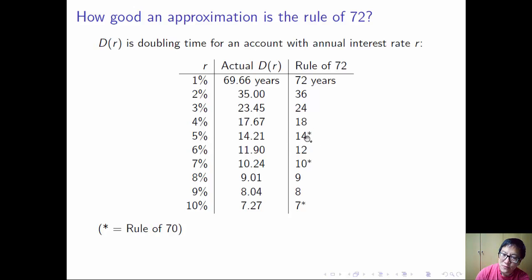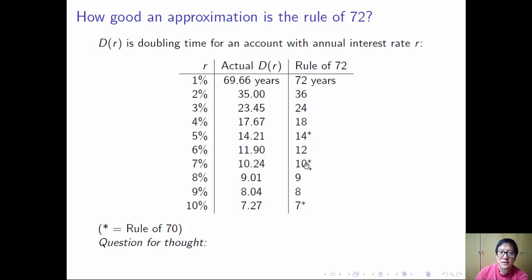I should say there are these percentage rates with asterisks, 5%, 7%, and 10%. For those I use the rule of 70 instead of the rule of 72, because it's much easier to divide 70 by 7 than 72 by 7. Anyway, you get these approximations, and you see they're pretty good. And for 7, 8, 9%, they're very, very good.